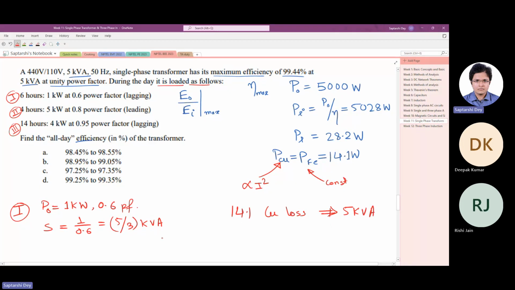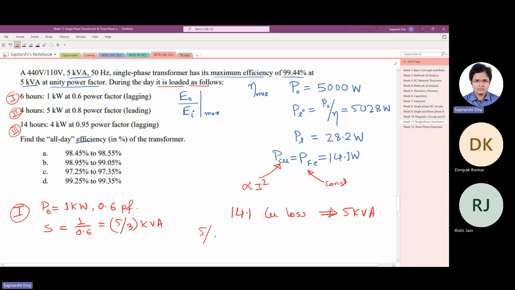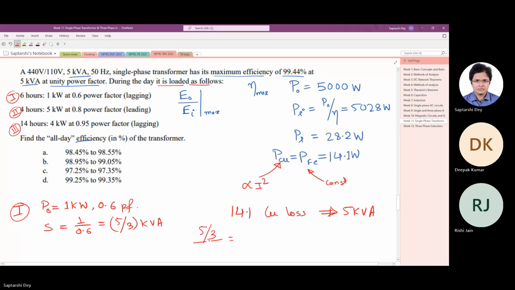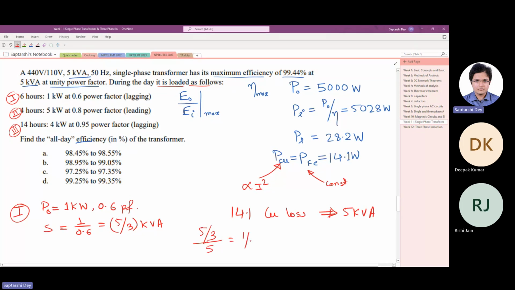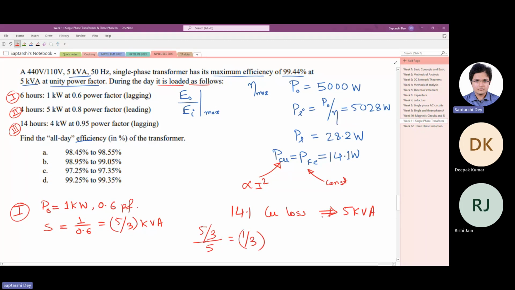So now the current is 5 by 3 by 5, that is 1/3 of this loading. During 5 kVA, whatever current was there, during 5 by 3 kVA, the current is 1/3.